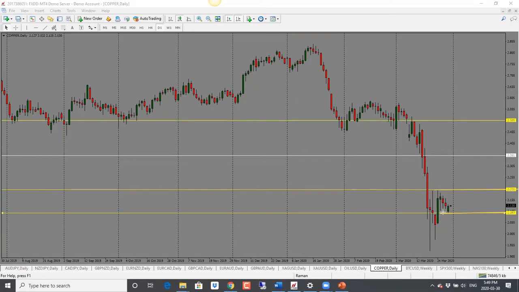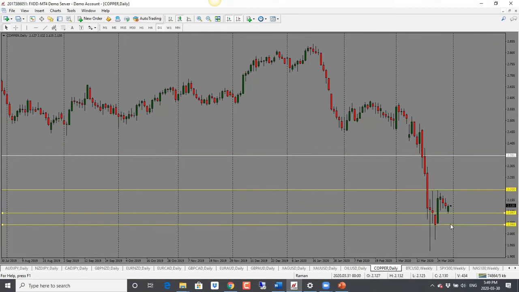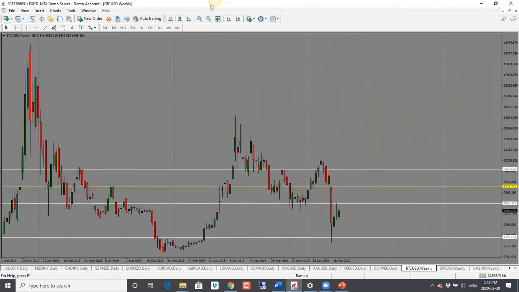As long as it holds above this 2.09 level, I would look for a further move to the upside here into 2.20. So for now, I'm neutral on this. And if it breaks through the support here, then of course we're looking for a drop. So bias is neutral for copper at this point.